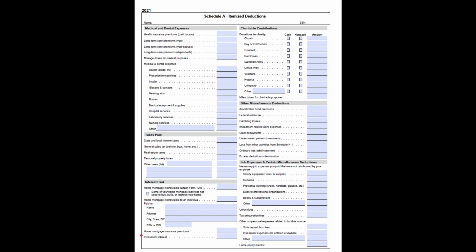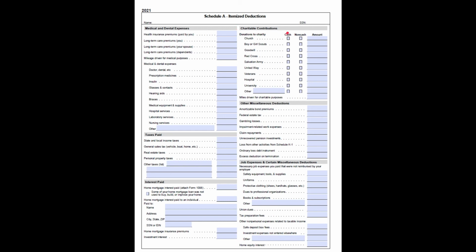And any investment interest that you may have paid, any interest you may have paid that was not of a personal nature. So this isn't your credit card interest, okay? This is going to be your investment interest. If you paid any interest, let's say if you had a Schwab account and for whatever reason you paid some interest on there, that's going to come in here, okay?